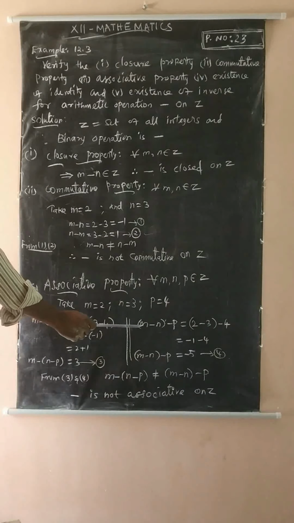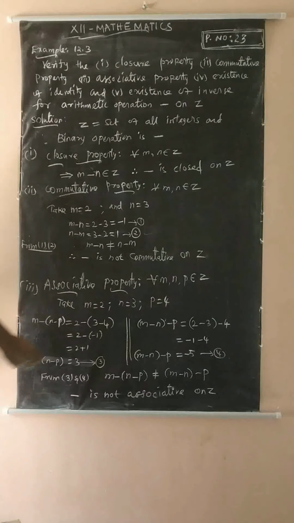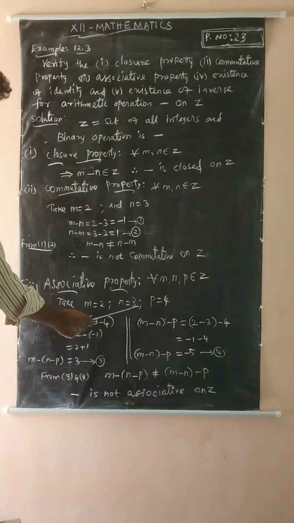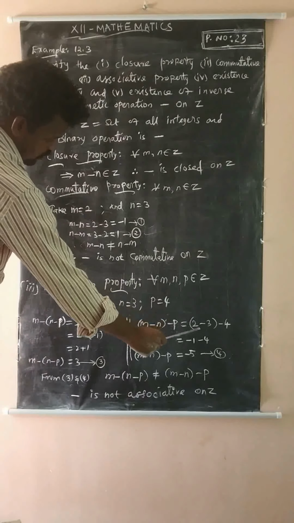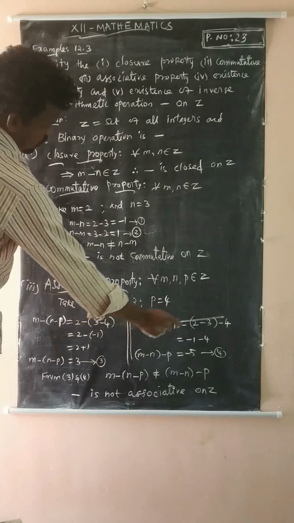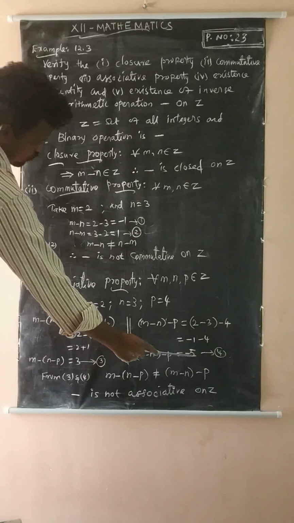So next, the other part. M minus n, minus p is equal to what? 2 minus 3, minus 4. First we solve the brace term. 2 minus 3 is minus 1. Minus 1 minus 4 is minus 5. So m minus n minus p is equal to minus 5.